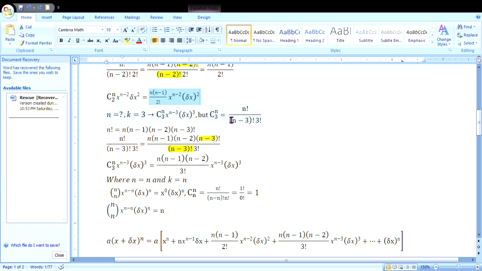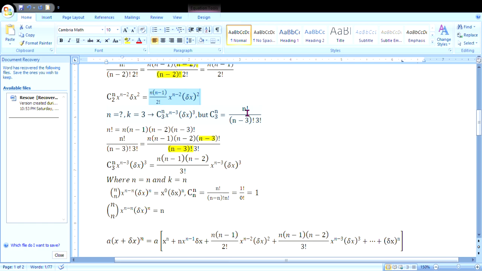But let's find an expression for n combination 3, which is n factorial over n minus 3 factorial times 3 factorial. But we still need to make an expression so that we can simplify n minus 3 factorial at the denominator.